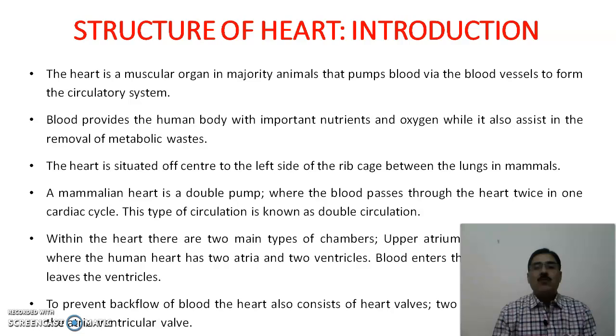The opening of the auricle into the ventricle is controlled by a valve. Valves are basically to prevent the backflow of the blood. The atrioventricular valves are responsible for allowing only unidirectional flow, that is from auricle to ventricle, and they prevent the backflow.